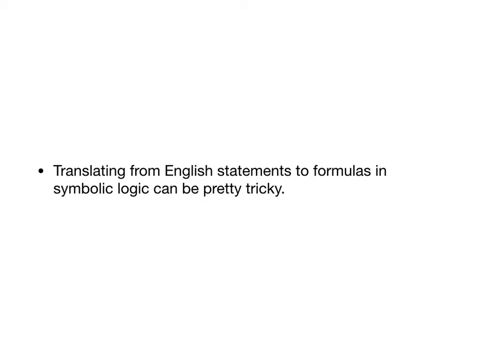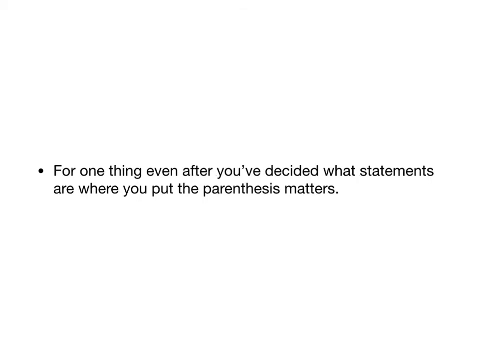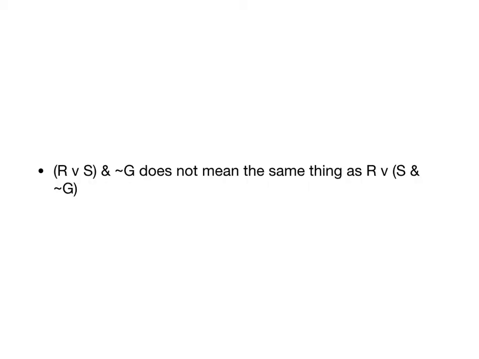So why is it tricky? Well, look again, we spent a lot of time on this. But for one thing, where you put the parentheses matters. By changing where the parentheses are, you can change the meaning of the statement, right? So here's an example. Remember, everything inside the parentheses we treat as one letter, right?